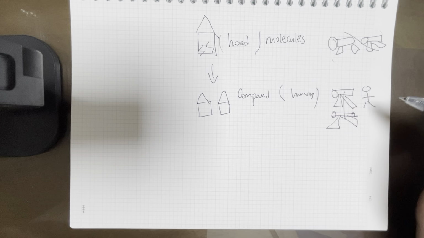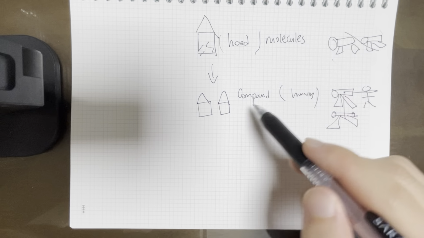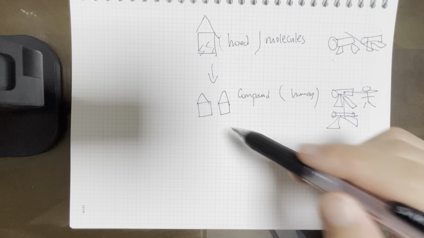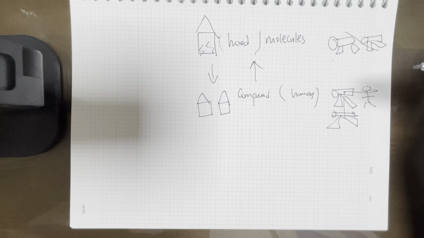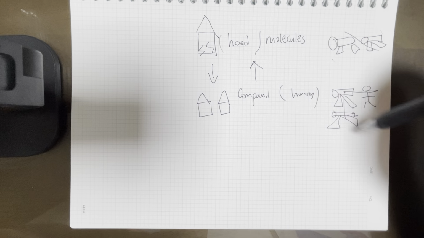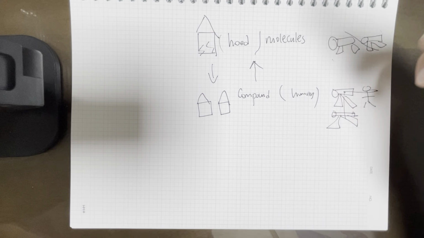So these are chemically bonded, and once you move into the compound, you're also chemically bonded with the human there. So once you're chemically bonded, you're allowed to live in the compound zone. Once you gain access to the compound zone, you can move freely to the hood zone. Because the hood zone, the default requirement is just 2. So as long as you have at least 2 people, you're allowed to move into the hood zone freely. I don't know if this makes sense, but I just try to make it.